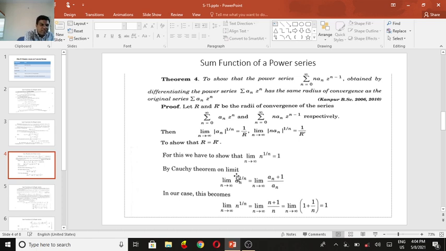Taking n as common, we get 1 plus 1 by n, and the limit as n tends to infinity is 1. So this is a finite quantity.